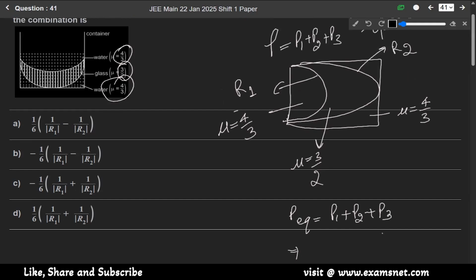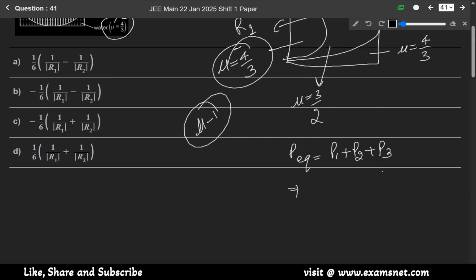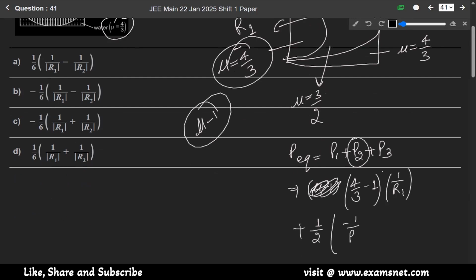P1 means mu minus 1; the power formula is mu minus 1 times 1 over R1. So it will be 4/3 minus 1 into 1 over R1, plus P2. P2 will be equal to 1/2 minus 1 over R1 plus 1 over R2, plus P3.